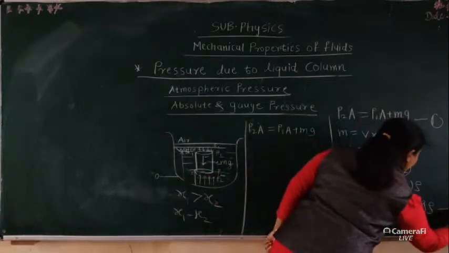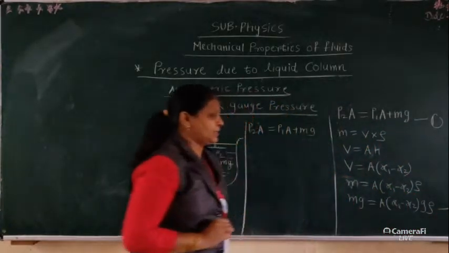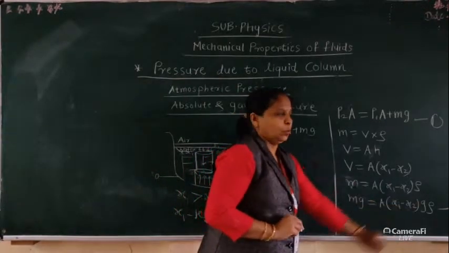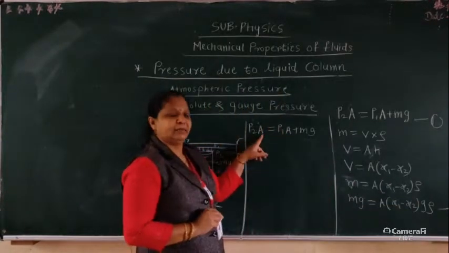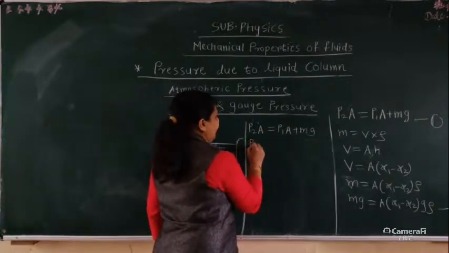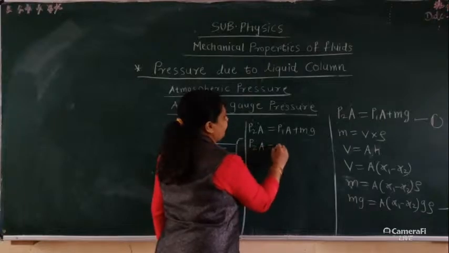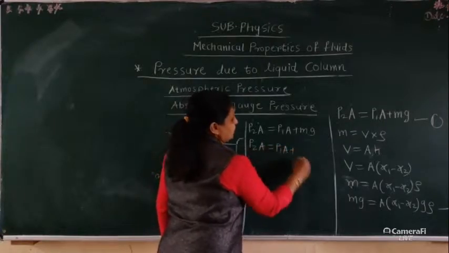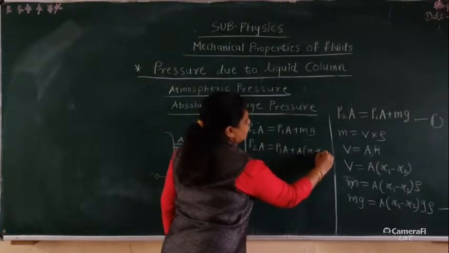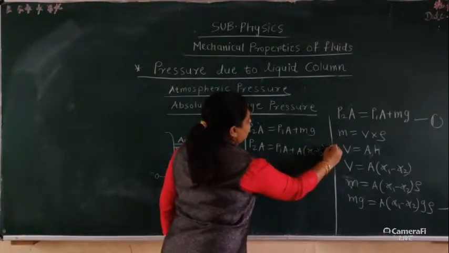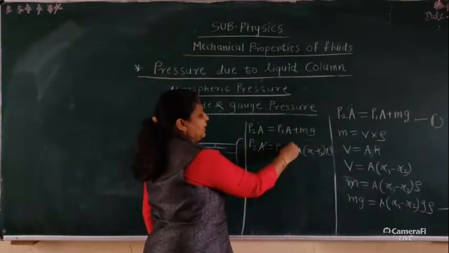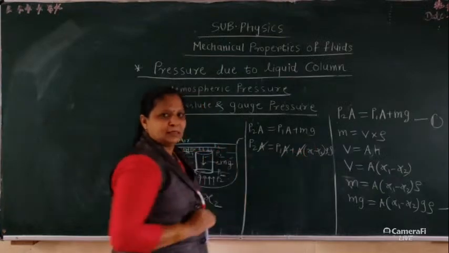Mg is equal to A into x1 minus x2 into g into rho is equation number 2. Then P2A is equal to P1A plus mg, means A into x1 minus x2 into g into rho. A इथं सगळीकडे कॉमन आलेला आहे त्यामुळे तो आपण कॅन्सल करतोय.